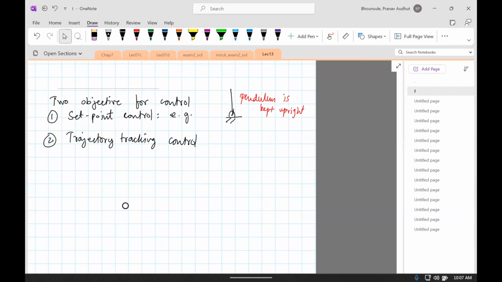So, for example, let's say you modeled a human leg or a robot leg, and you want the robot to kick a ball. Then in that case, you need the leg perhaps to follow a trajectory.